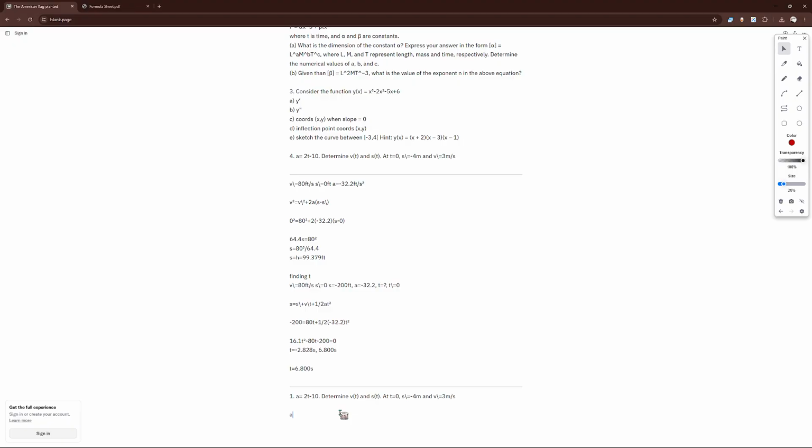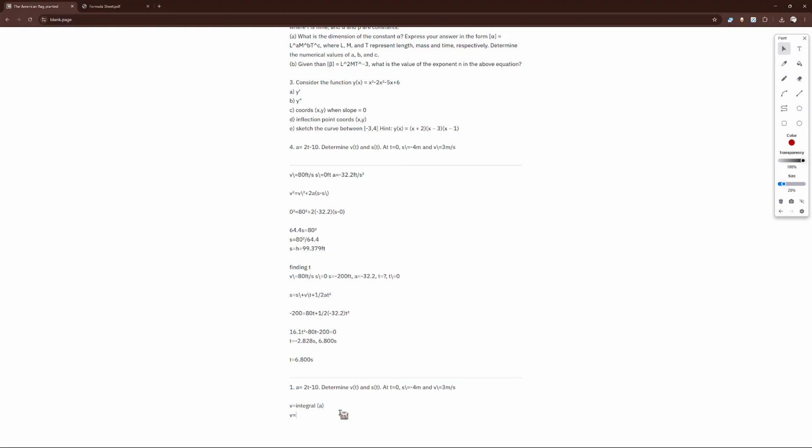If we integrate this a, that's how we get v. So v is equal to the integral of a, which means v is equal to the integral of 2t minus 10. We're going to leave this as an indefinite integral. There are going to be times where you will make it a definite integral, but for this question, it's an indefinite integral.